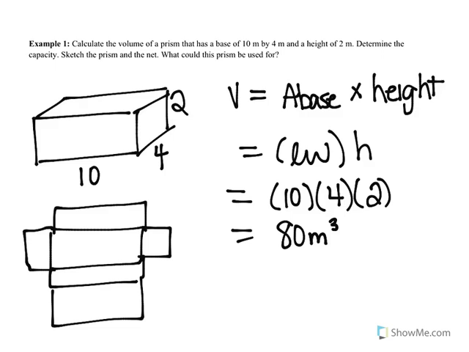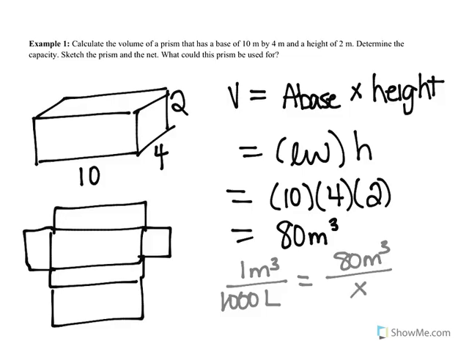Capacity helps us because it tells us in a liquid form. We're not really so great with meters cubed, but changing it into how many liters that would be. So 1 meter cubed is equal to 1,000 liters. So we have 80 meters cubed, and we're going to go x. We're going to cross multiply and divide.